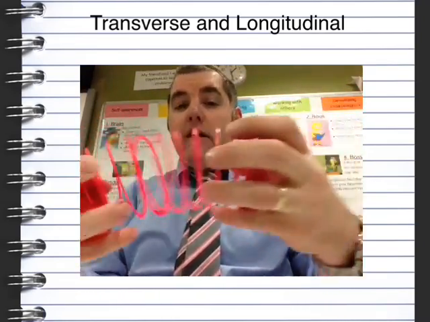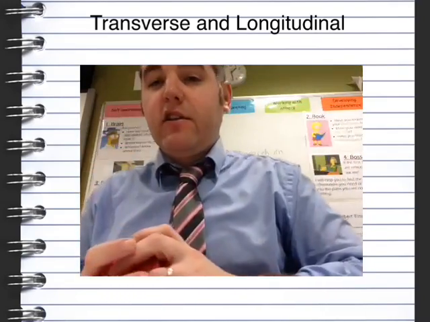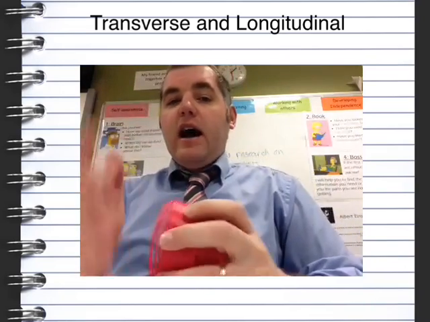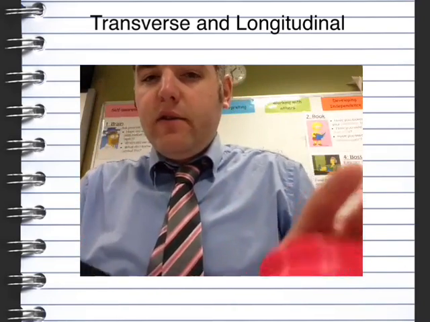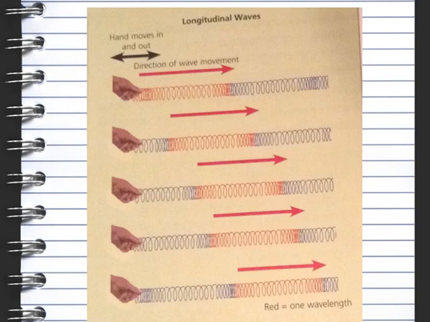Now between one area where it contracts and the next area where it contracts, that is the wavelength, as opposed to the way we saw it on the previous one. So as we saw with the slinky spring, we've got the direction of movement going in this way, and we've got the wavelength between the areas where it contracts, and then you've got the areas where it expands here.